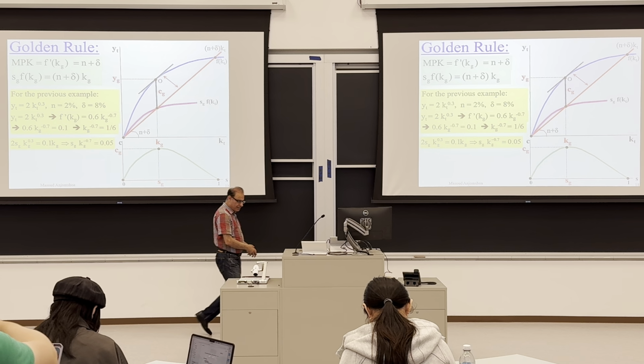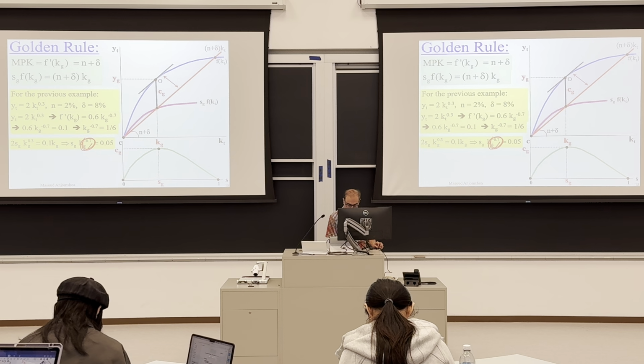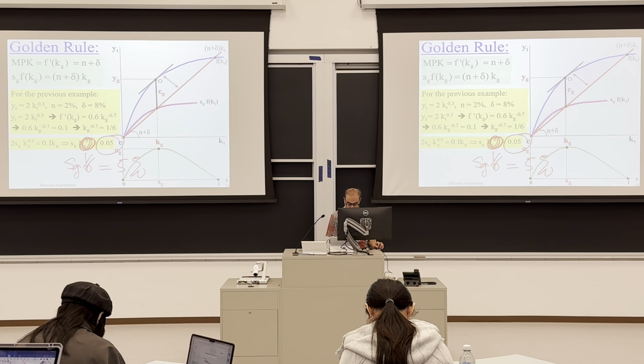But guys, look at here. It's very interesting. Kg to the power of minus 0.7 is 1 over 6. Agree everyone? Please focus. So this is 1 over 6. Is that right? So SG times 1 over 6 is 5%.